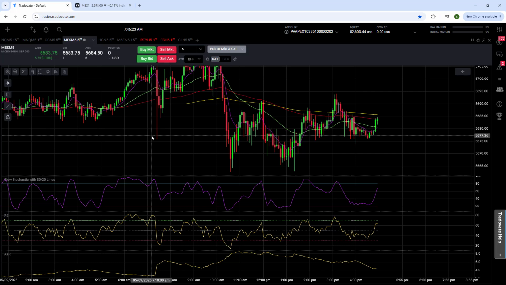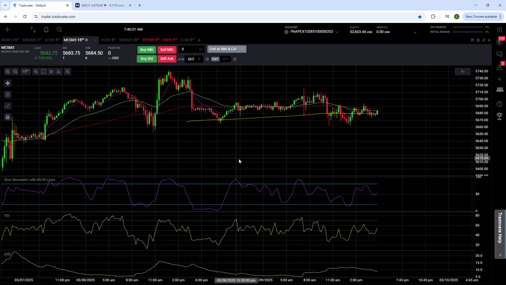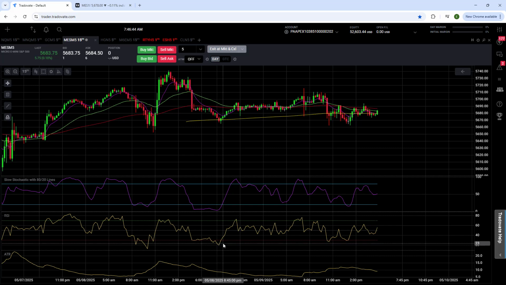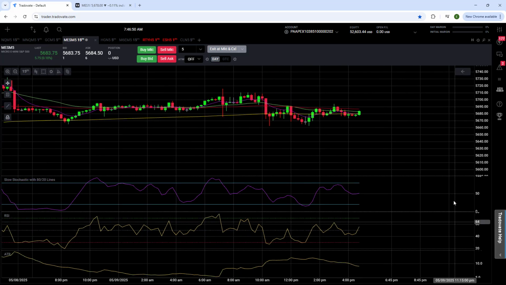The gist of the strategy is a 15-minute chart. So this is on the 5, we go to the 15-minute chart. The idea of the strategy is when the RSI goes under 30, he starts to DCA in micros.